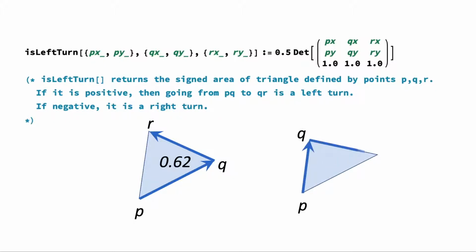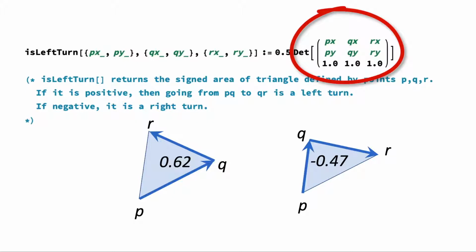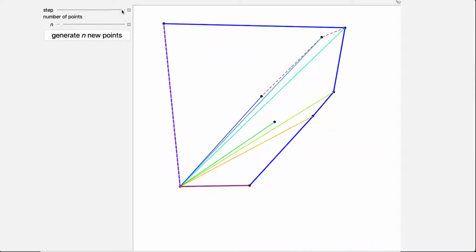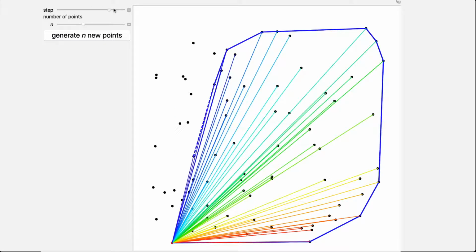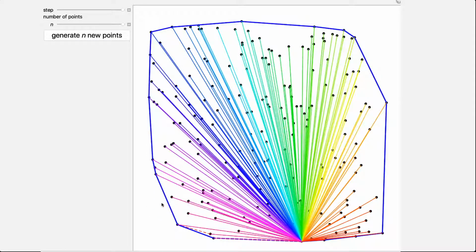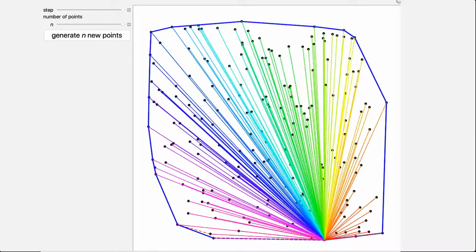If the area is negative, it is a right turn. The area computation is the determinant of a 3x3 matrix, and so also requires no trigonometric functions. You can easily rerun this with different values of n and see that algorithm go through. You can also modify the points at any time, and you can see that convex hull stretches out. Enjoy!